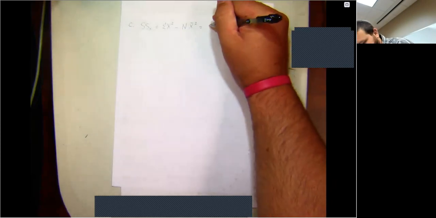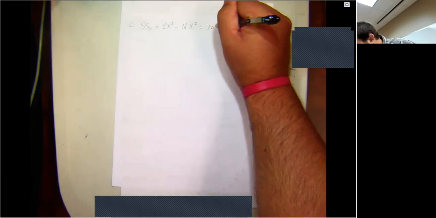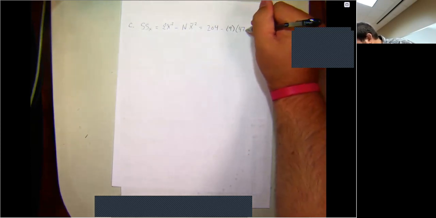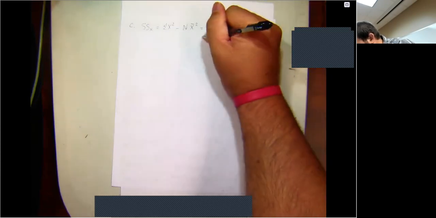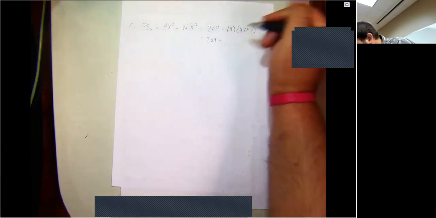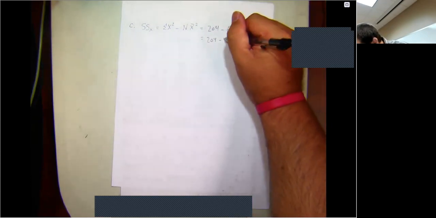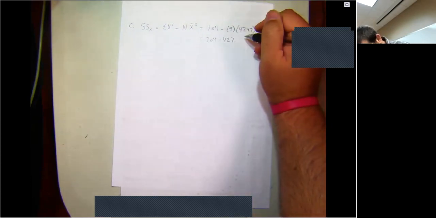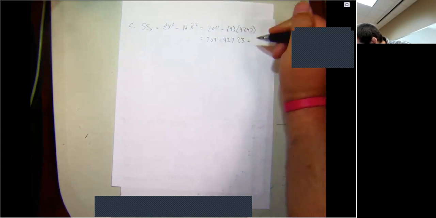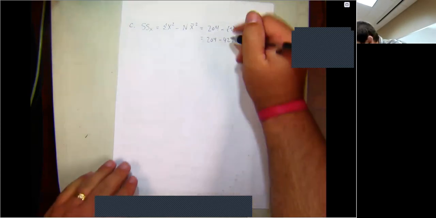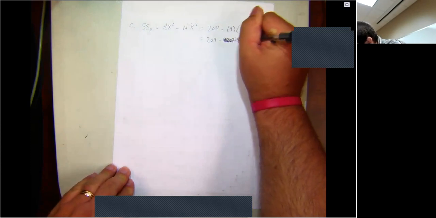This is 204 minus 9 times 47.47, which is equal to 204 minus 9 times 47.47 is 427.23. And 204 minus 47 point, no, I'm sorry. It's 128.61. I'd have to find how I got off on my sheet.